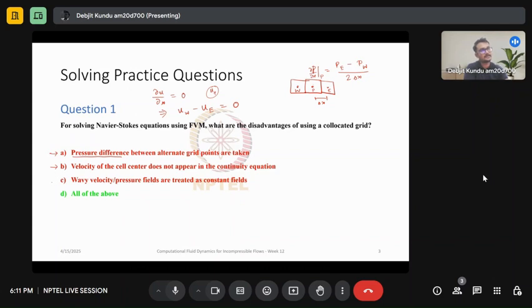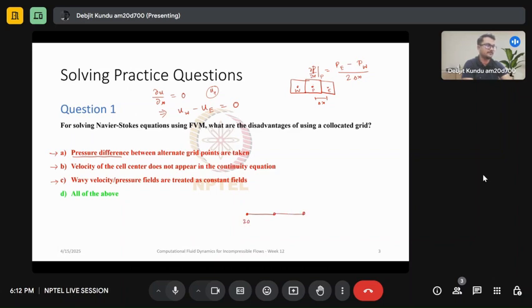And then the last one, wavy velocity or pressure fields. This we have seen earlier. So if we have something called checkerboard velocity field or checkerboard pressure field, that is treated as a constant field. So we saw this in the finite difference method. It's no different here.